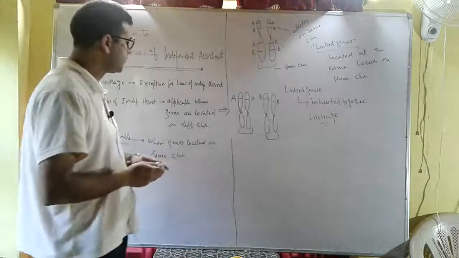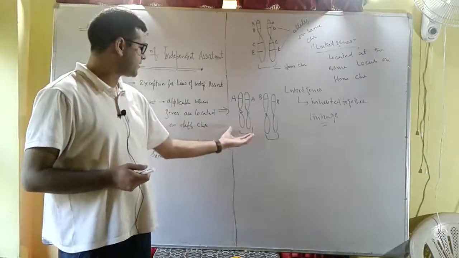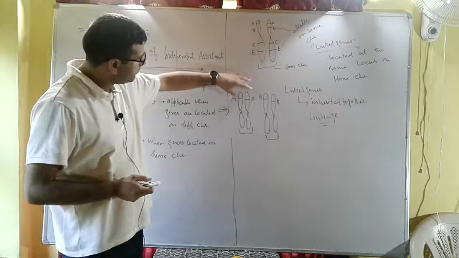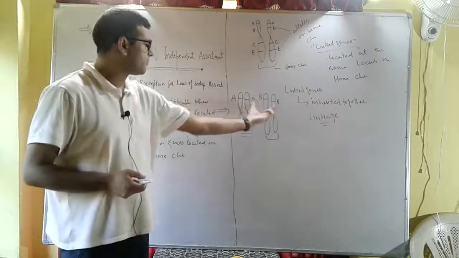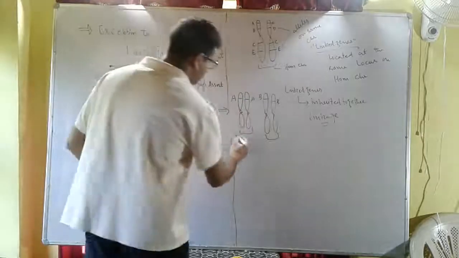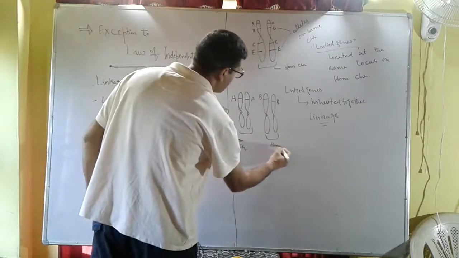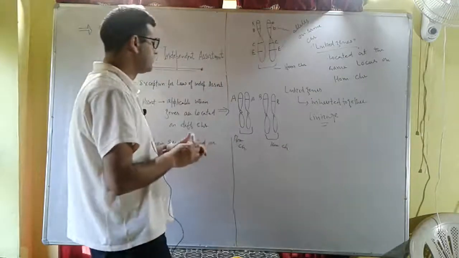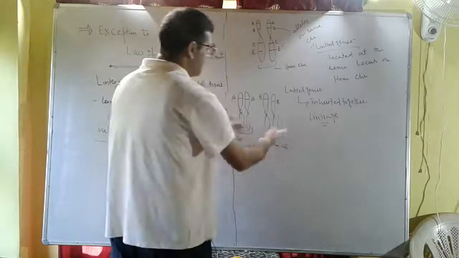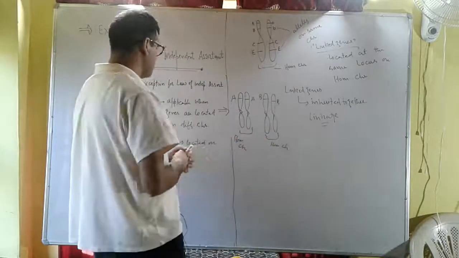This is one pair of homologous chromosomes, another pair of homologous chromosomes. The genes are located on different chromosomes and they are inherited independently. They will assort independently of each other during gamete formation.